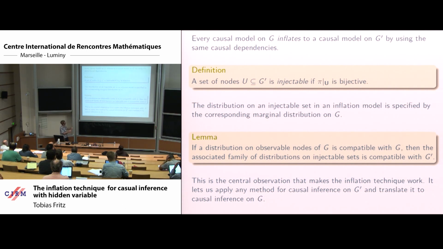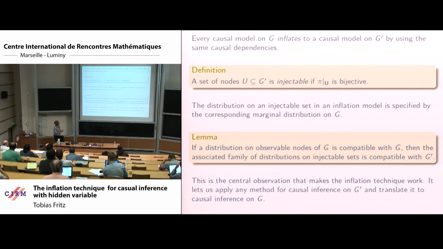And now there's a canonical way to lift the causal model from the original graph G to the inflation graph G prime. In the examples we've already used that. You just take all these conditional distributions that are present on G, lift them to G prime, and then you compose all of these, or convolve them, to a new joint distribution, which lives in general on a much bigger graph.